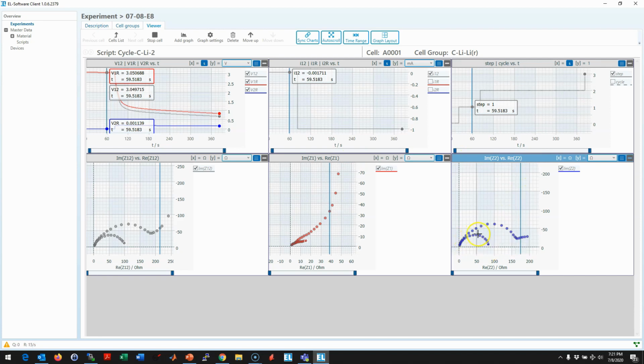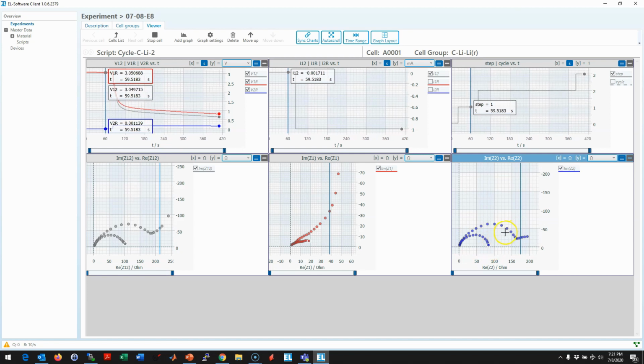You see the semicircle here for the SEI on the lithium metal. You see how much this has decreased since the very beginning, and you see the dramatic change in the graphite spectra only after applying a constant current of -1 milliamp for 5 minutes.